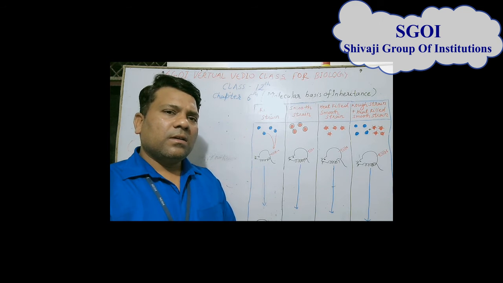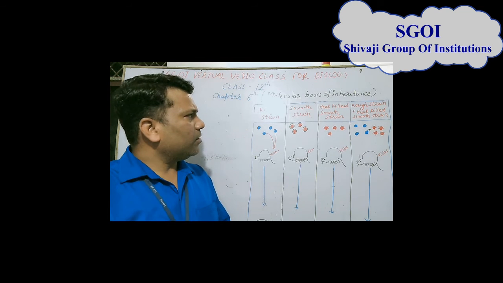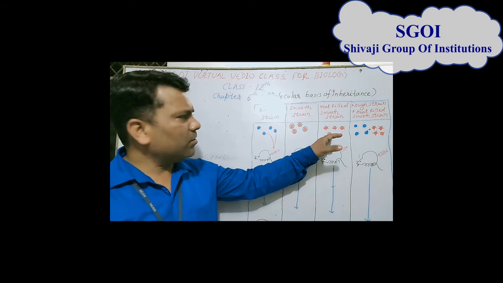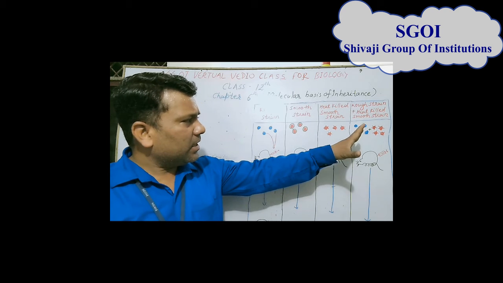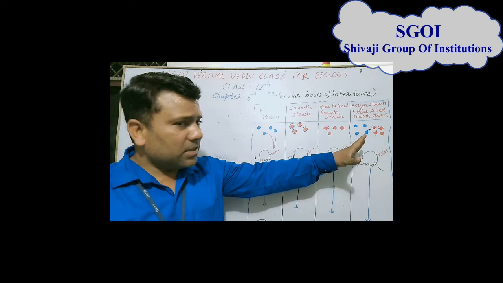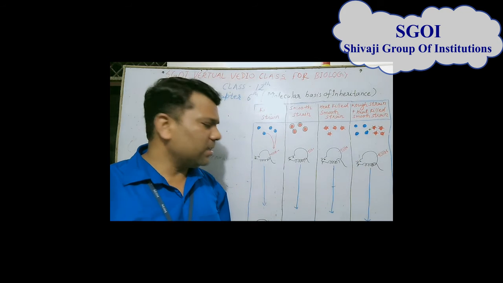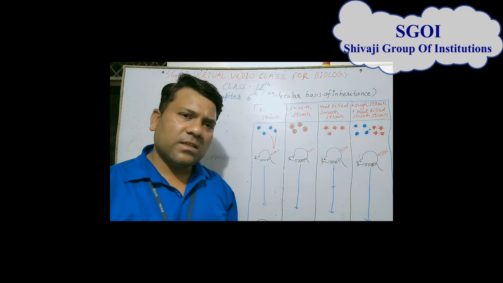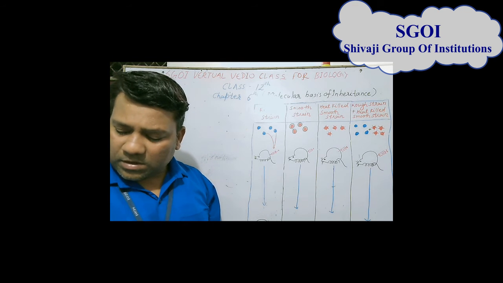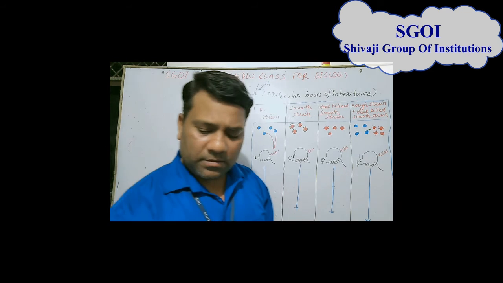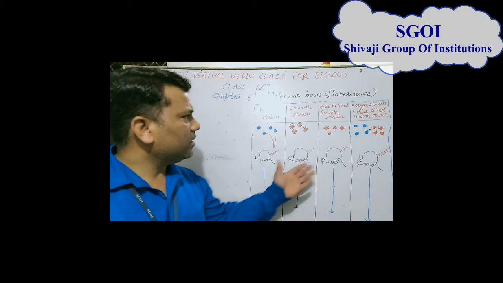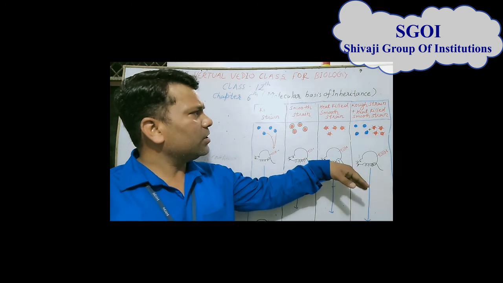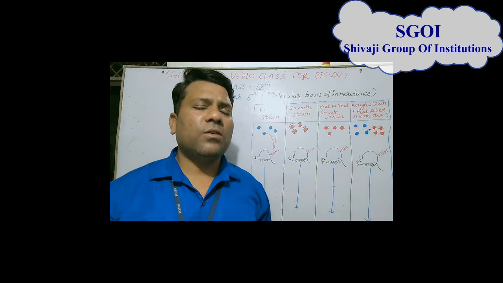So Griffith says that something from the smooth strain of Diplococcus pneumoniae passes into the rough strain, and this rough strain shows the nature of virulence in the mice. So the mice dies. But after performing such an experiment, Griffith did not find out what type of molecule is transferred from the heat killed smooth strain to the rough strain. He could not find it out.